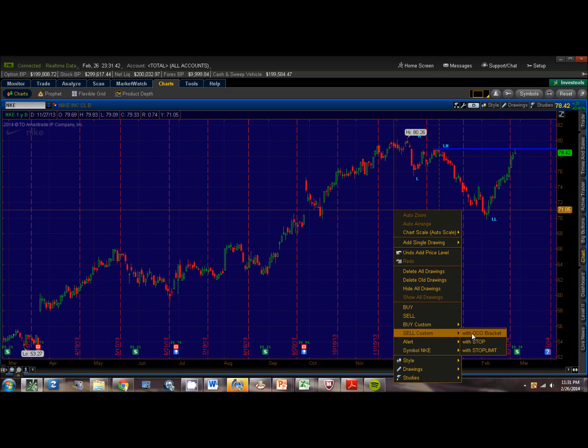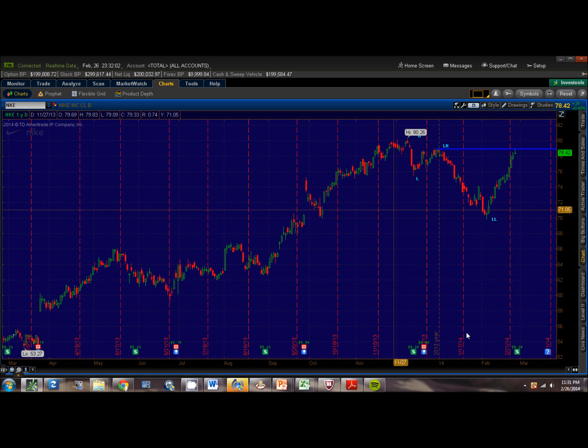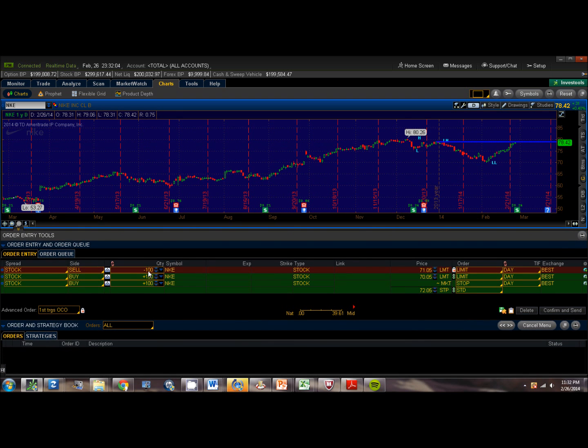And we're establishing a short position, so we're going to use the sell custom option. The OCO stands for one cancels other, which simply means that your stop and your limit will be linked so that when one of them gets hit, the other one will automatically cancel. So I click that, and you see I've got 3 boxes that automatically populate.